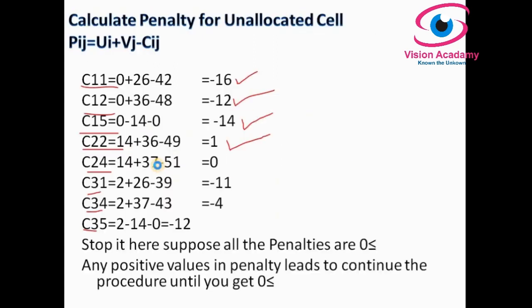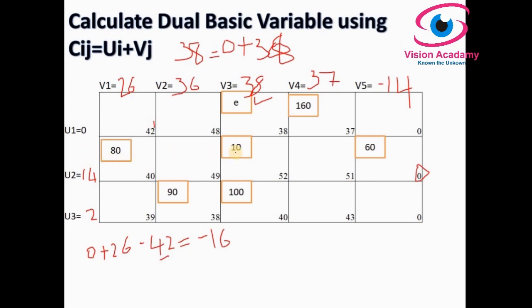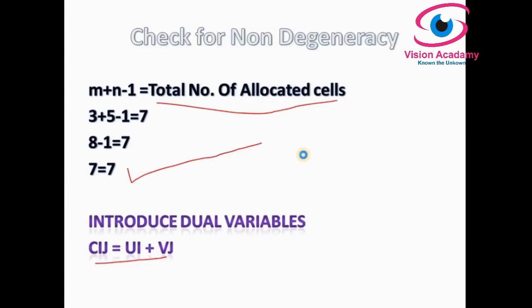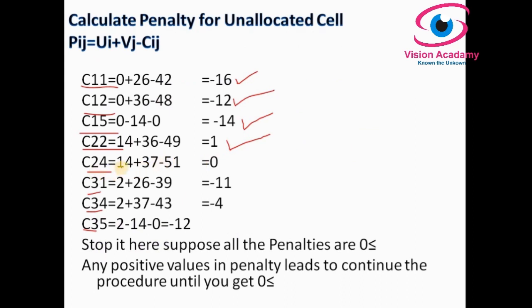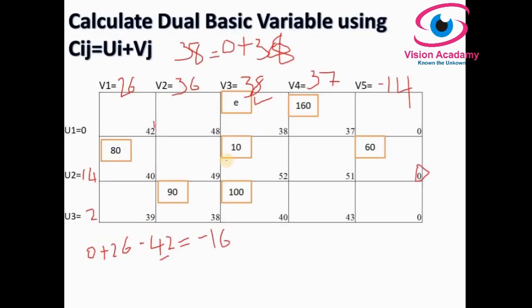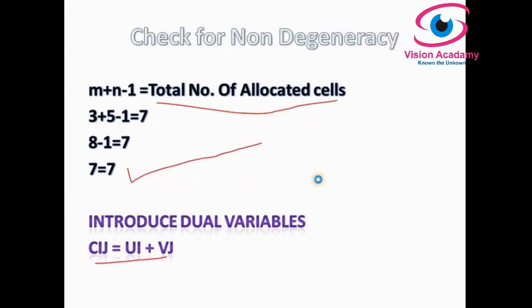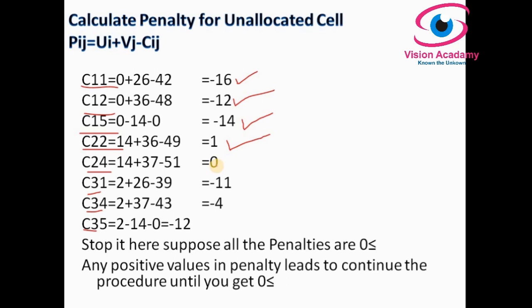And second one, C24, the Ui value is 14, V4 value is 37. So 14 plus 37, 51. 51 minus Cij, Cij is 51. So 51 minus 51, 0.